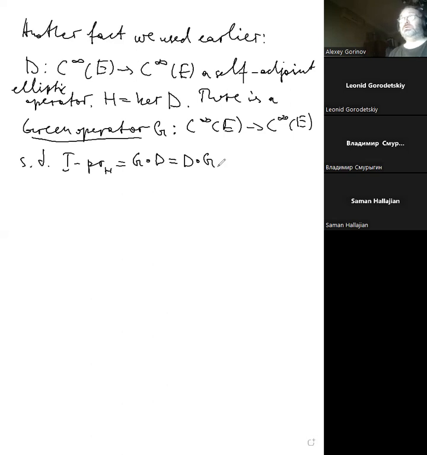In fact, this operator G will be an operator of order 0, meaning it will have all Sobolev extensions from W something to W something, but we won't need this, and so that's less important.